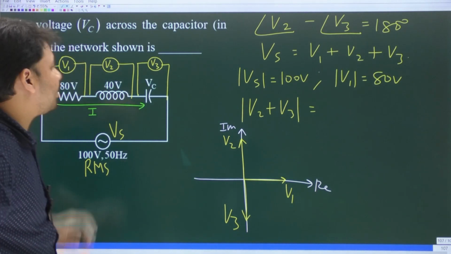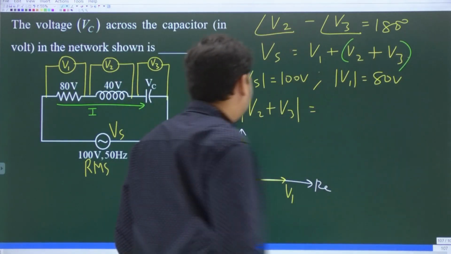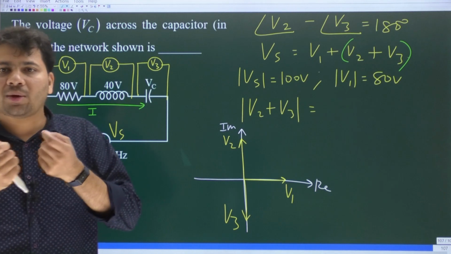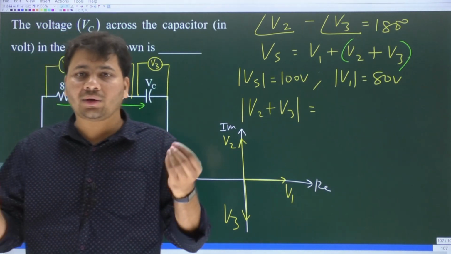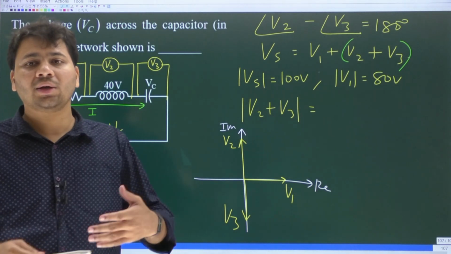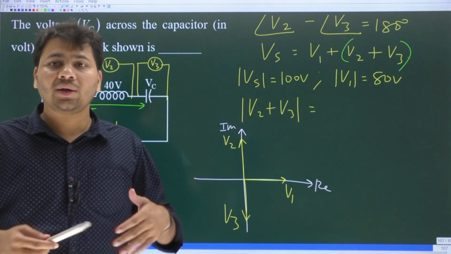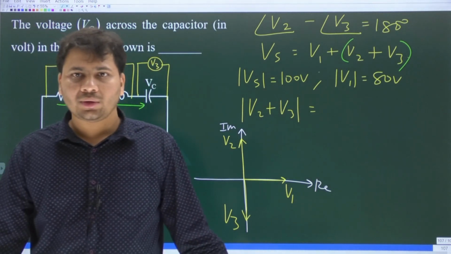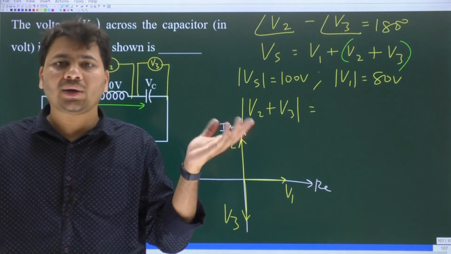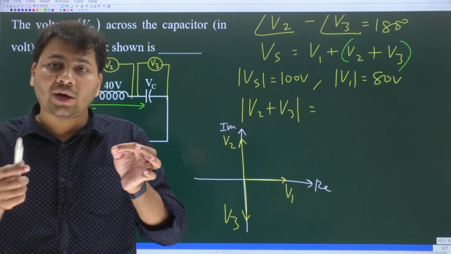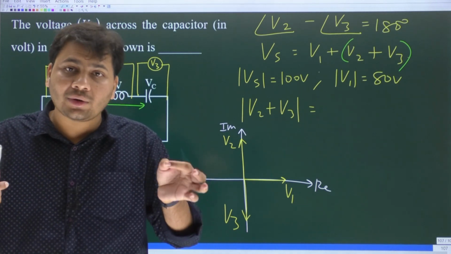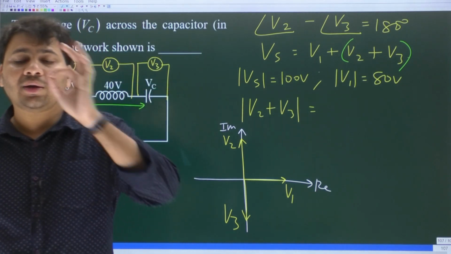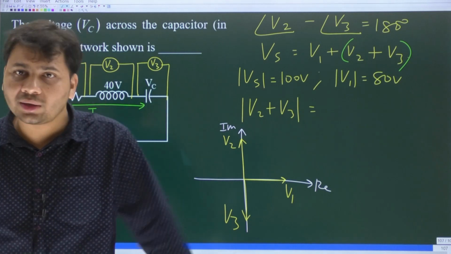Now what is V2 plus V3 going to be? If you are adding two phasors pointing in opposite directions, then the magnitude of the resultant phasor will be the magnitude of the longer phasor minus the magnitude of the shorter phasor.